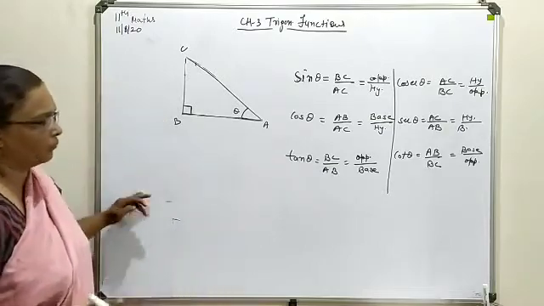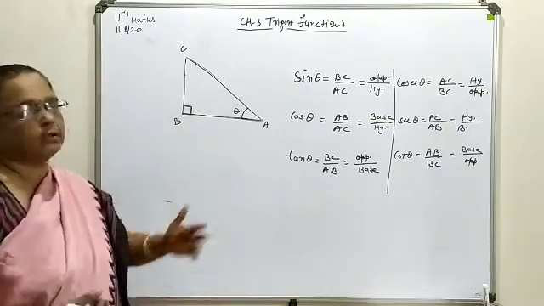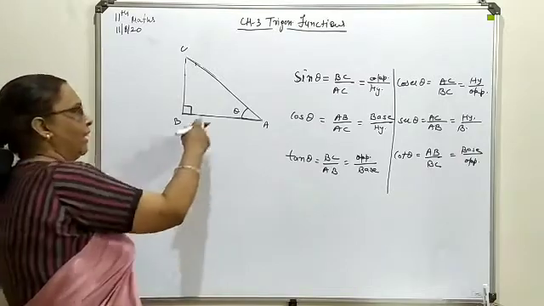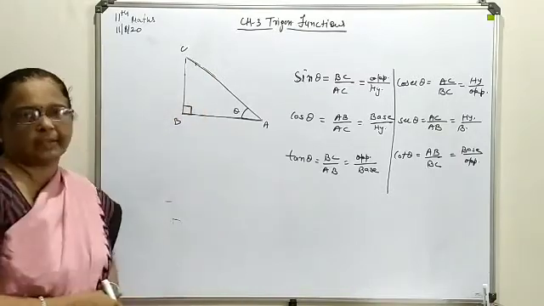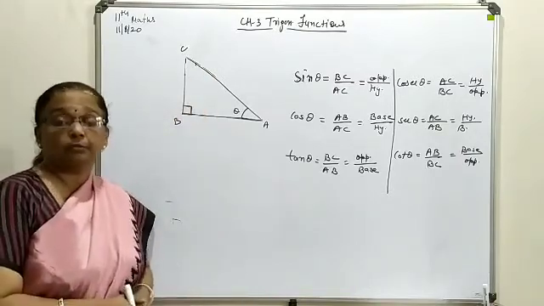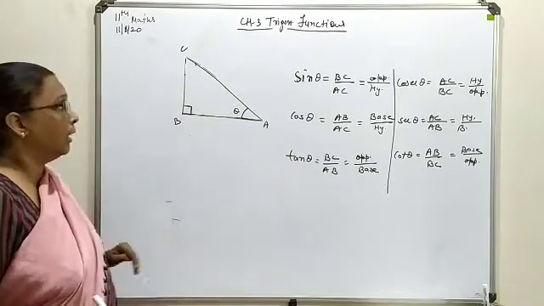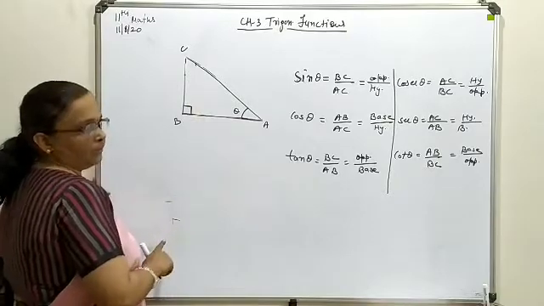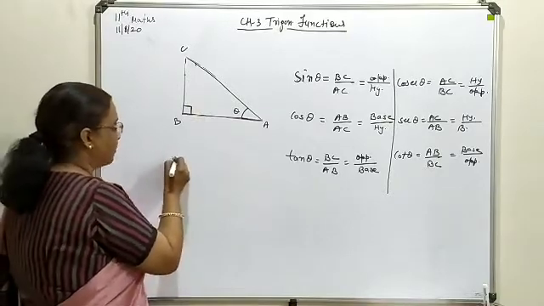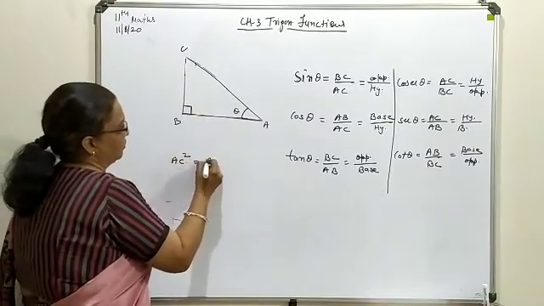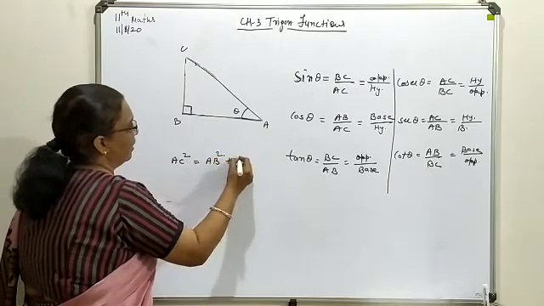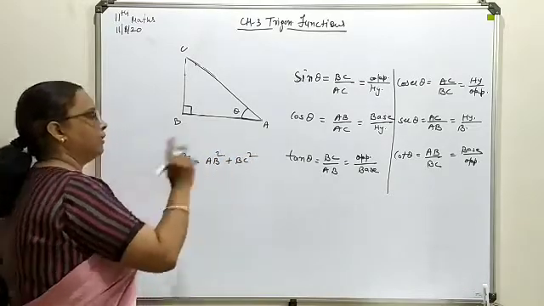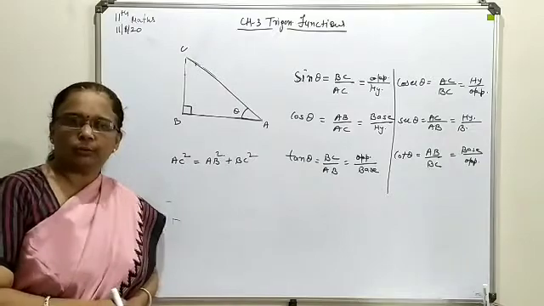Now before defining all 6 trigonometrical terms, the values of these 3 sides should be clear to you. What is that? One relation you know by using the Pythagoras theorem, that is AC square is equal to base square plus BC square. This you will use to find out the unknown quantity.